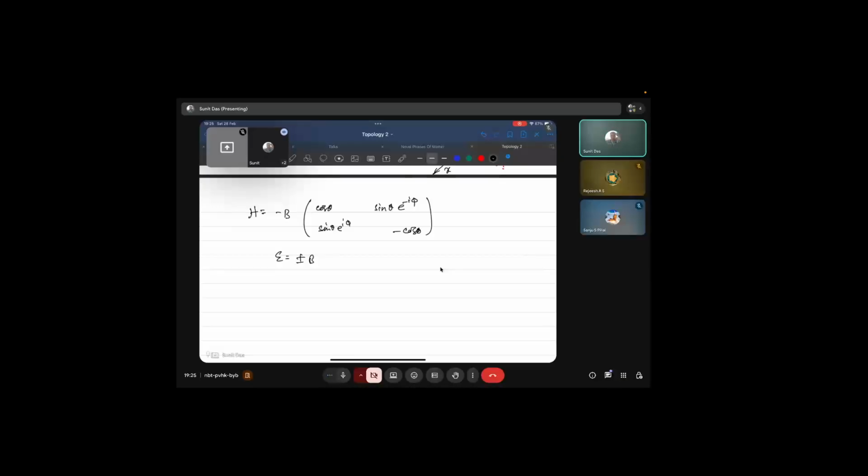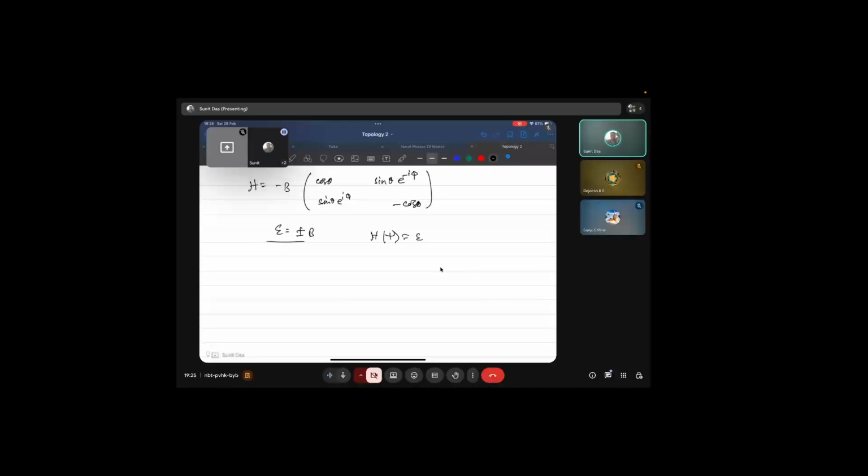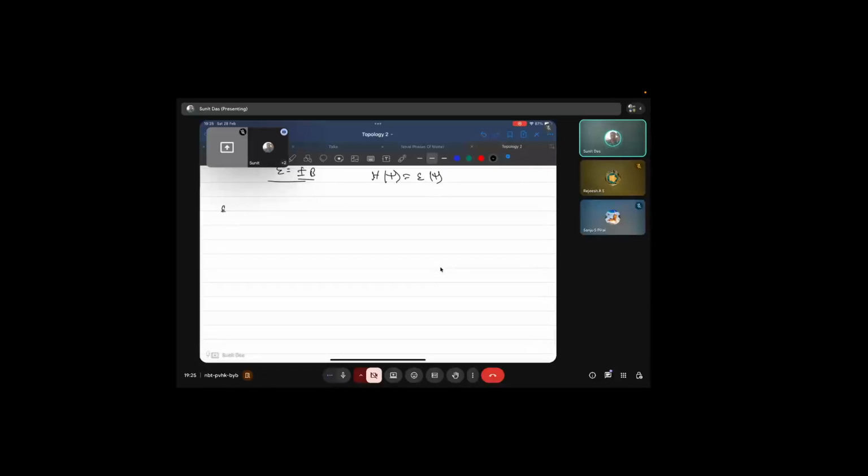Once you have the energy, you will solve the eigenenergy problem. So let's say these are the wave functions, and then you will take plus B and minus B. So for energy minus B, our eigenstate psi minus will be something like this.